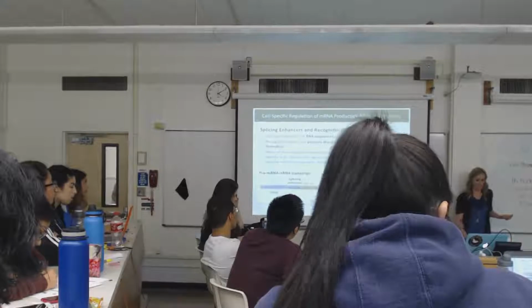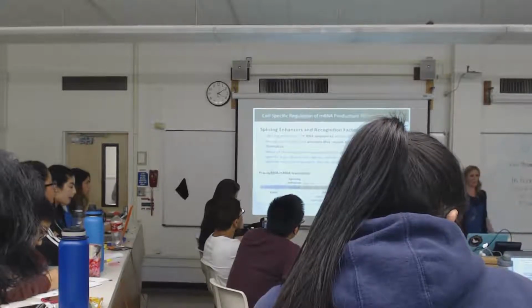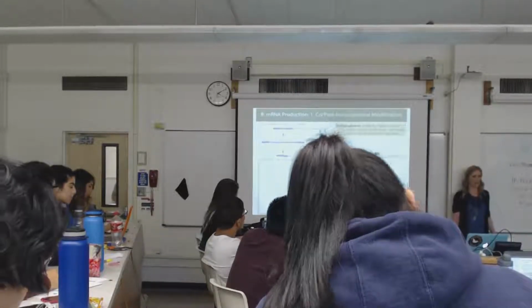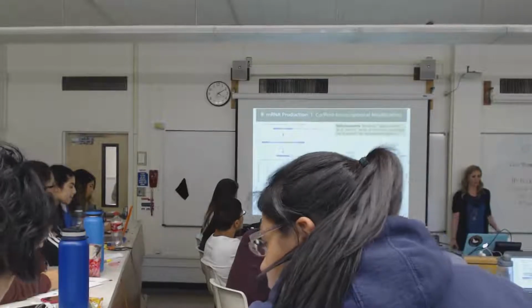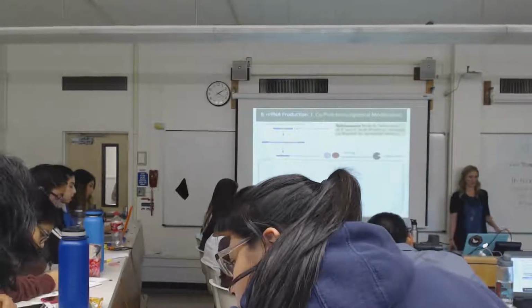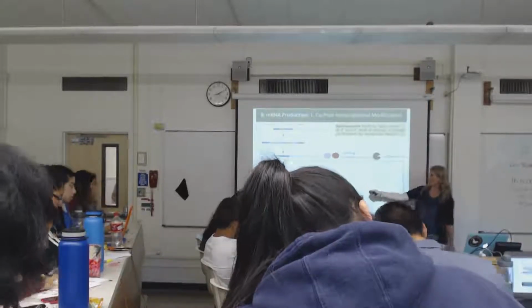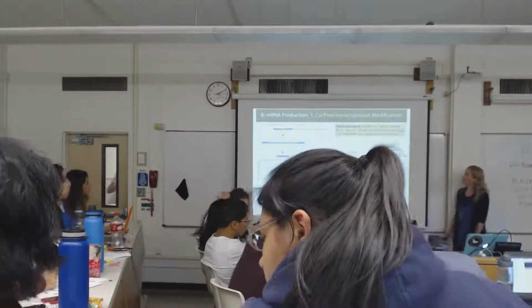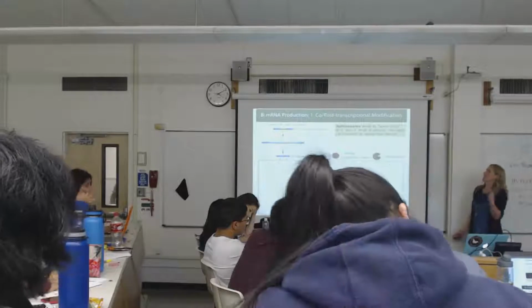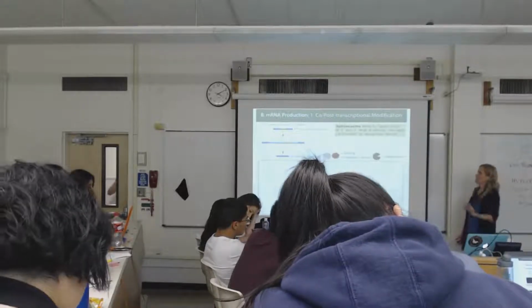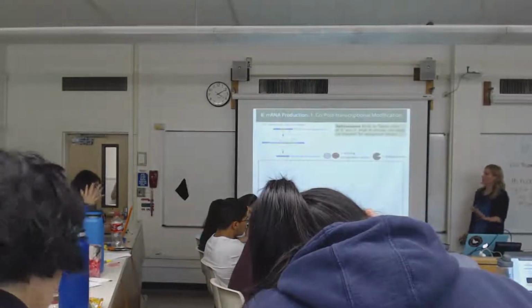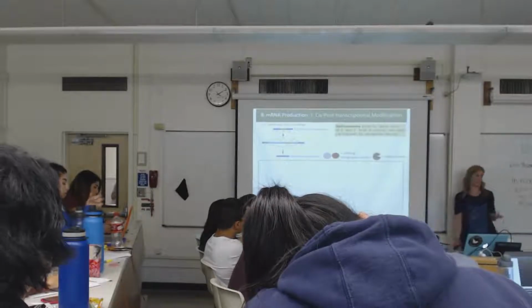So I have a stripped down PowerPoint version of what this looks like, building off of this example of the collagen 2 construct. Okay, so spliceosomes bind to splice sites at the 5' and 3' end of introns, and they're recruited or blocked by these recognition factors.